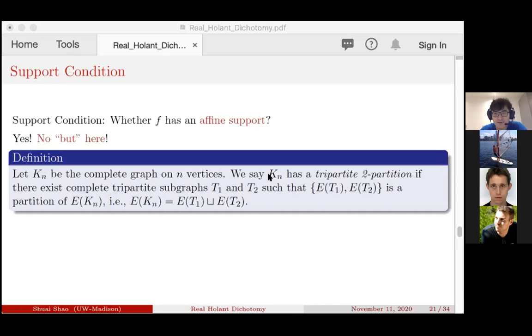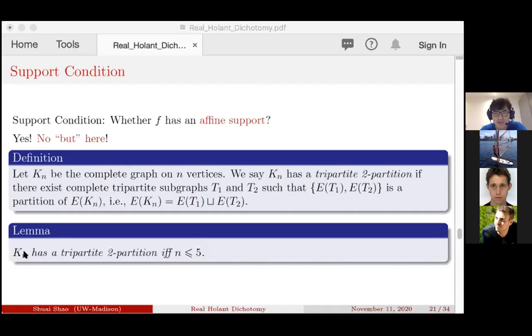And we say this complete graph has a tripartite 2-partition if the edges of these 2 complete tripartite subgraphs form a partition of the edges of the original complete graph. We can show that such a complete graph has a tripartite 2-partition if and only if the number of vertices is less than or equal to 5. In fact, in the proof of the real Holant dichotomy, we proved many interesting results for graphs. Later, we will see another one.